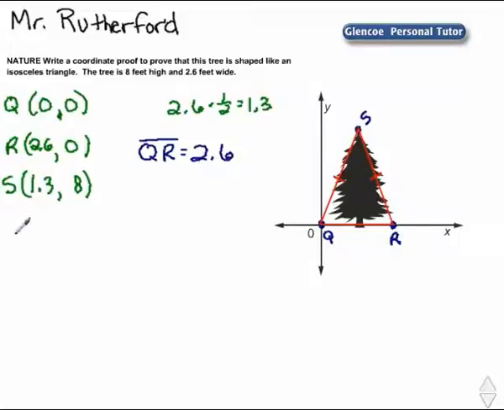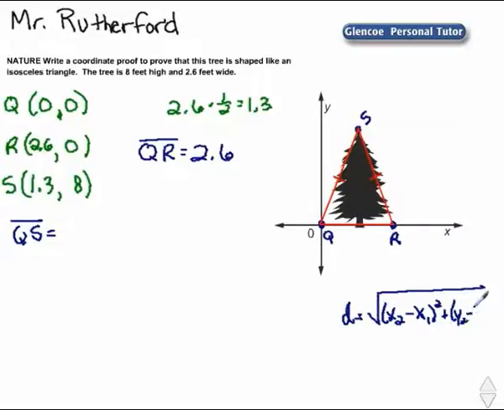So first, let's find QS. We're going to use the distance formula. Remember, the distance formula is equal to the square root of x2 minus x1 squared plus y2 minus y1 squared.